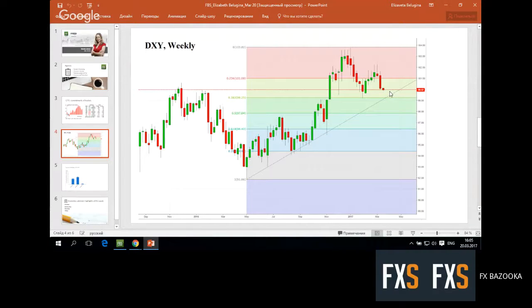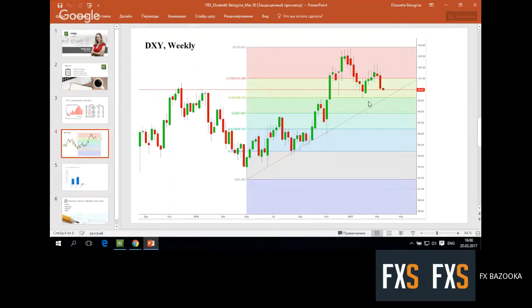It fell below the level of 100 points, and the currency is vulnerable to further declines to the level of 99.25. This is the next Fibonacci level, and the minimum of this year, 2017.